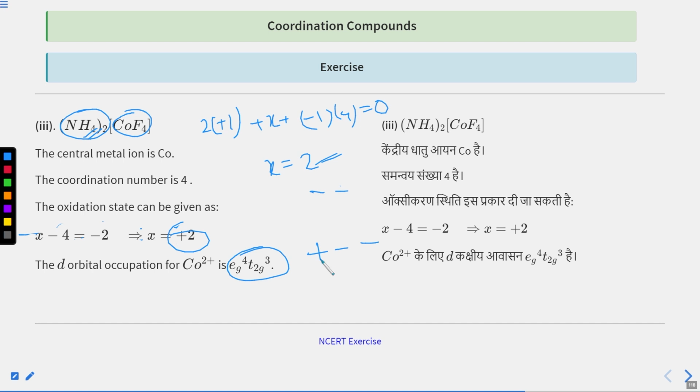How many electrons are there in total? 7: 1, 2, 3, 4, 5, 6 and 7. Therefore e4 t2g3. Since it is tetrahedral, not octahedral, the splitting will be reversed: 2 here and 3 here. Now we can draw it here.